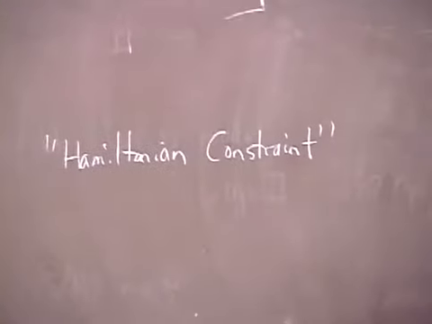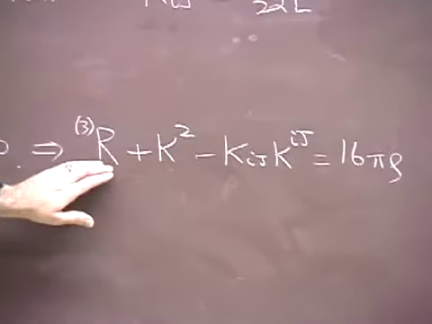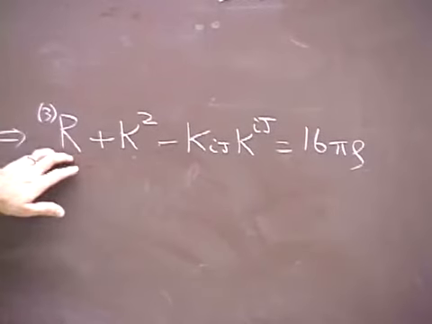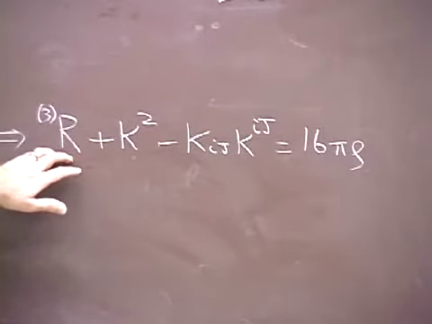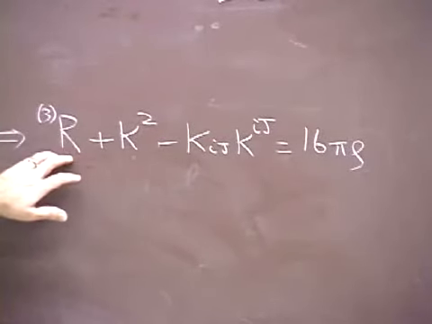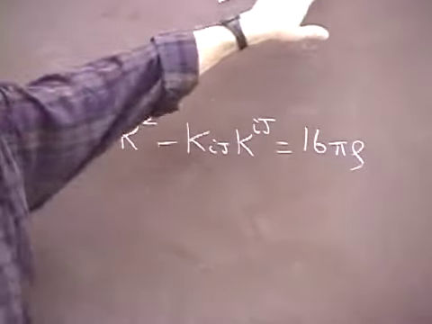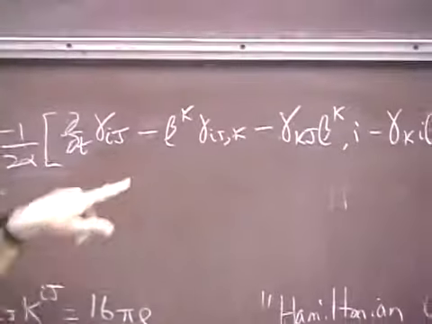Can you explain the 3R a little bit more? Okay, so what this 3R is: you know what the Ricci scalar is for a 4-dimensional metric. This is the Ricci scalar where you use the 3-dimensional metric to compute it.